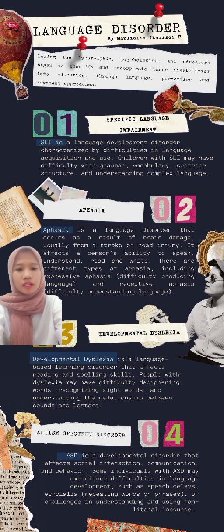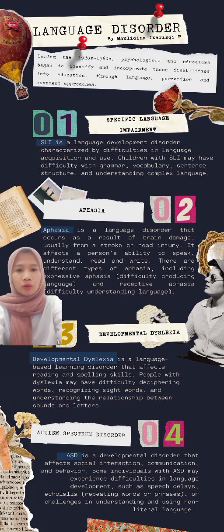So the next is global aphasia. That is the most severe type of aphasia that affects language comprehension and production. Patients may have limited speech production, difficulty understanding spoken or written language, and difficulty in finding words.